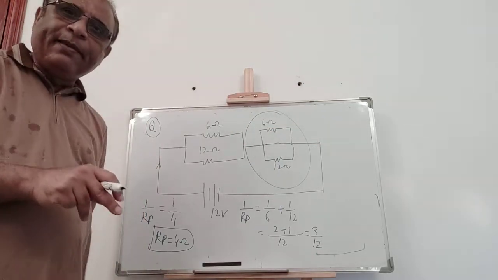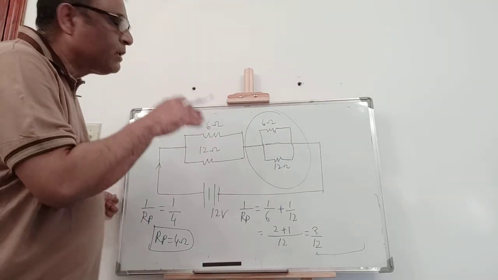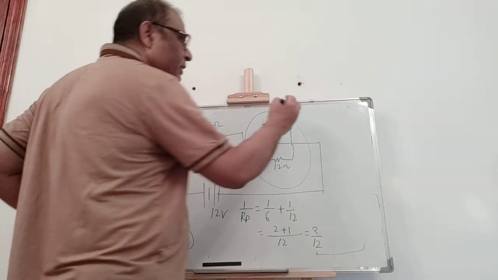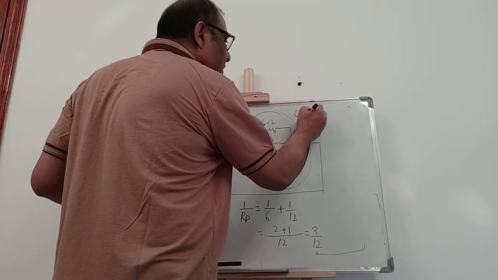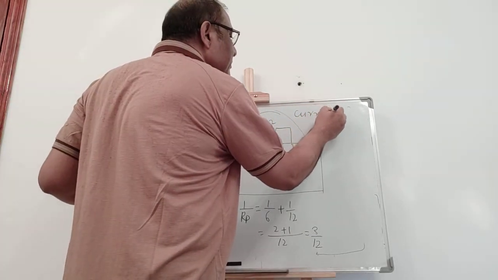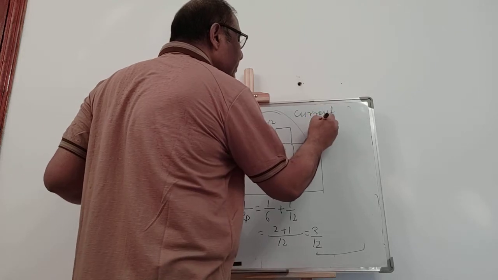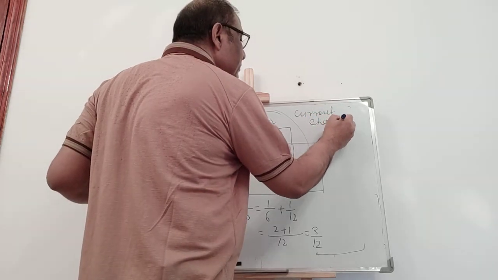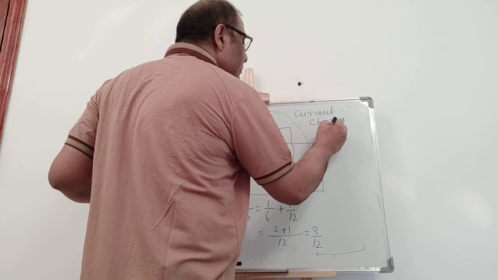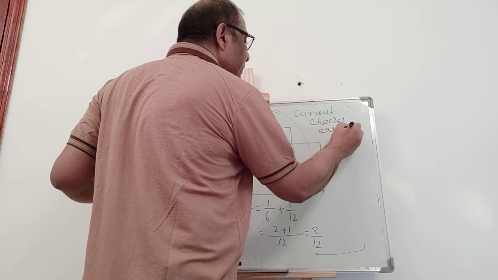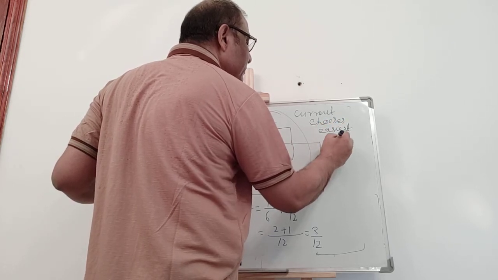So, in the same way, current chooses the easiest path. Current chooses the easiest path.